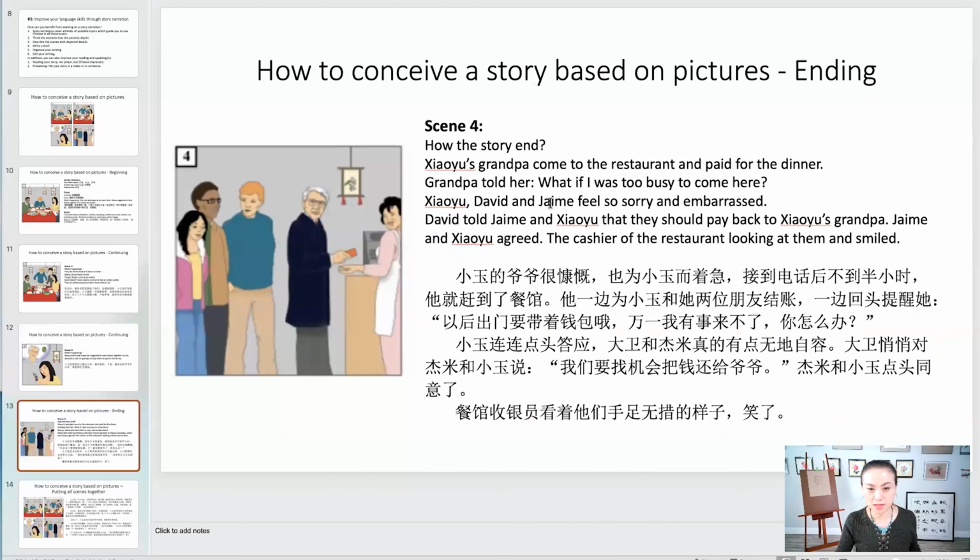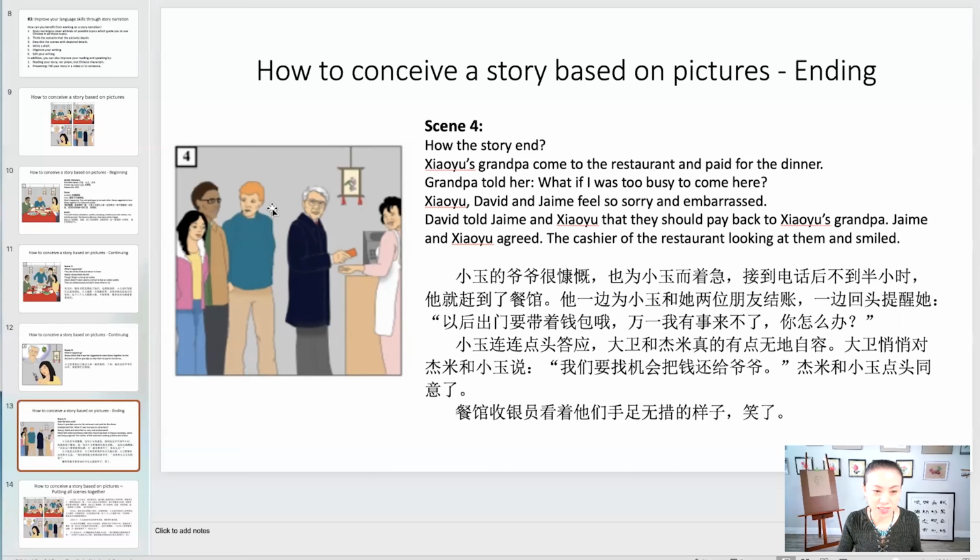And then how does the story end? 小玉's grandpa comes to the restaurant. He shows up here and pays for the dinner. You can see grandpa, obviously he's looking at her and saying something: what if I was too busy to come here? 小玉, David, and Jaime feel so sorry and embarrassed.